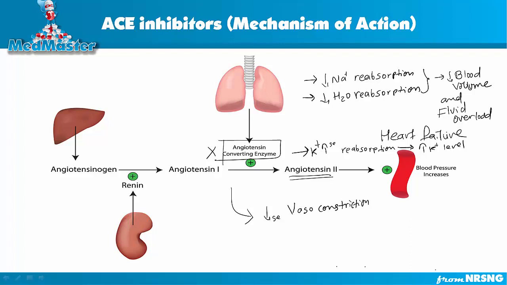When it decreases the vasoconstriction, the blood pressure is going to decrease, and when the blood pressure is decreased, the heart will be able to pump blood more easily, because the heart won't have that resistance to overcome when the blood pressure is high, because it's not going to do vasoconstriction anymore.